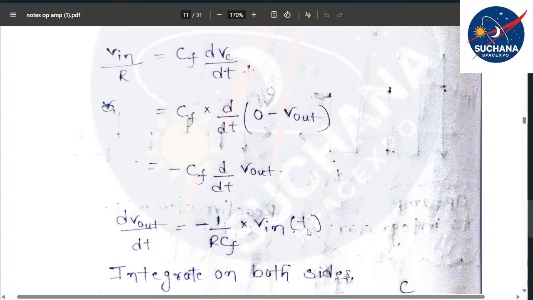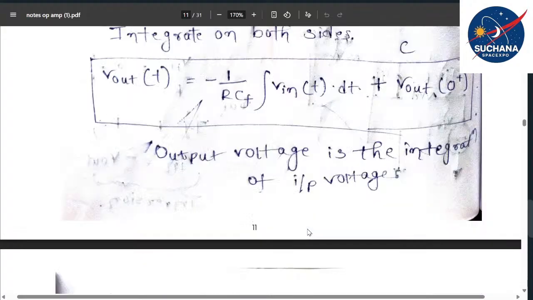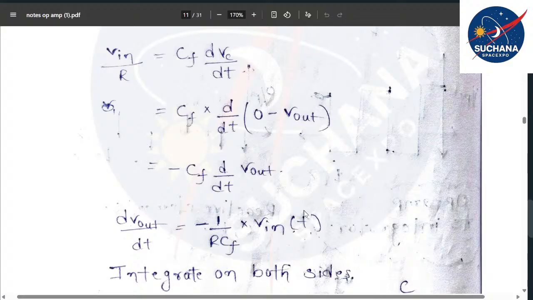If you provide a sinusoidal wave, it is a voltage signal with respect to time. So I have written it as a function V in of t, or else you can simply write it as minus 1 by R into CF into V in. It is also fine.